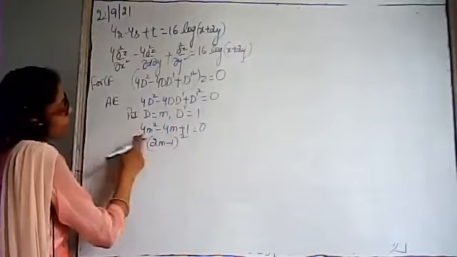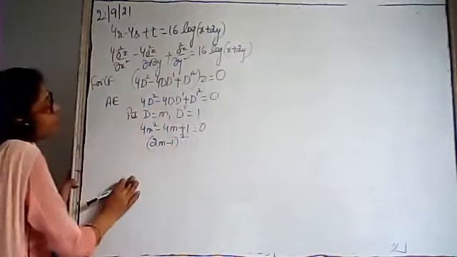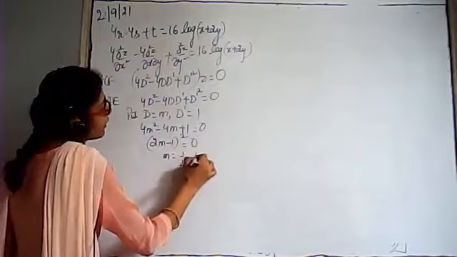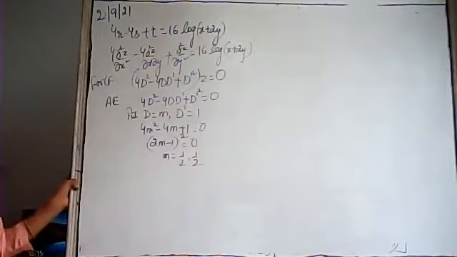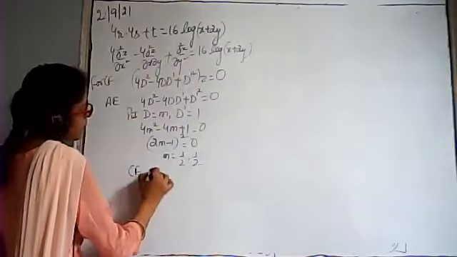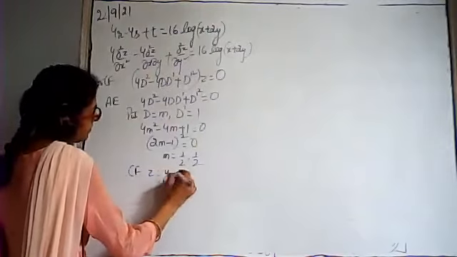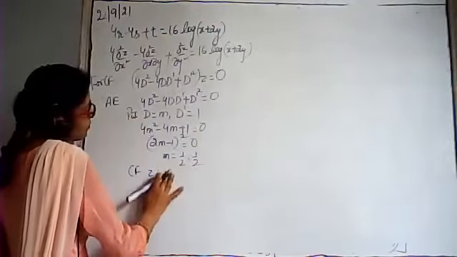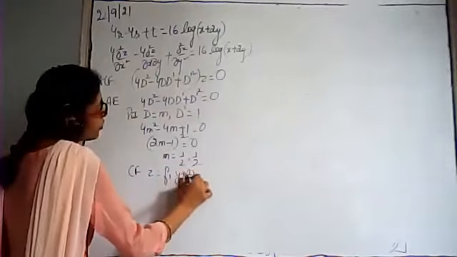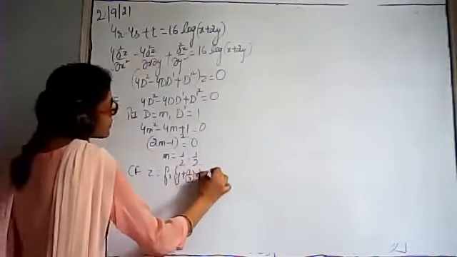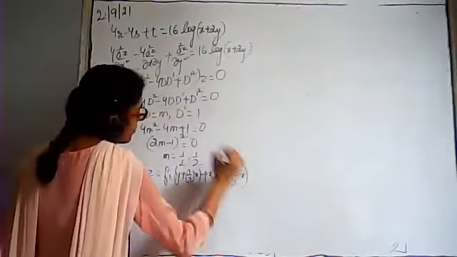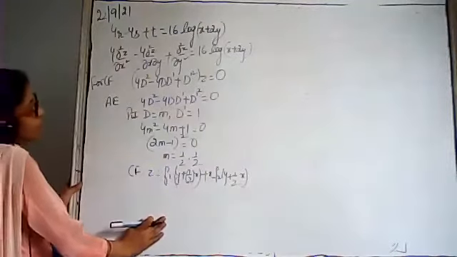It will be 4m square plus 1 minus 4m. So the value of m will be 1 by 2 and 1 by 2. Both the values are the same. So the complementary function is y equals f1 (y plus m1 x) plus x times f2 (y plus m2 x). So this is our complementary function.